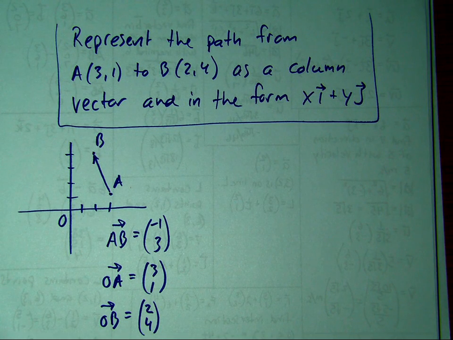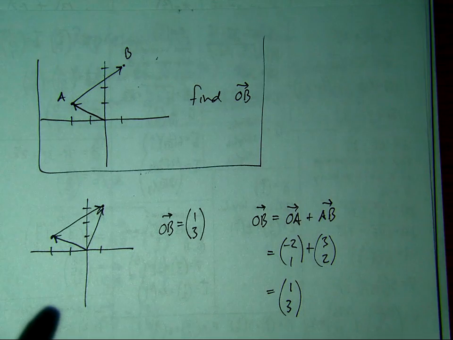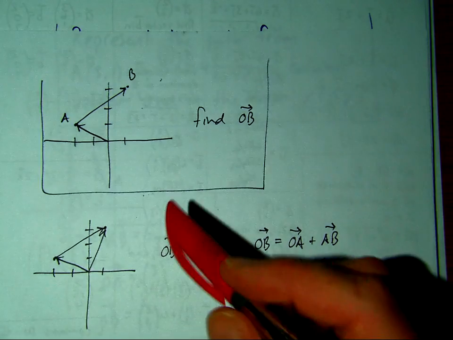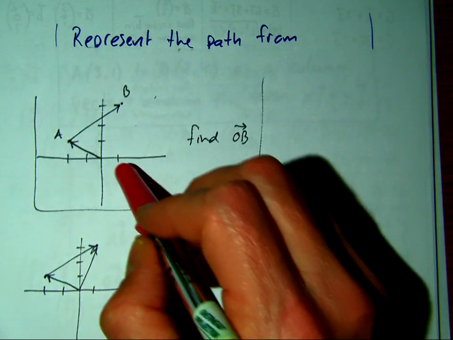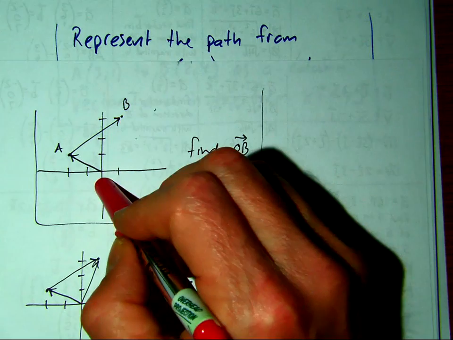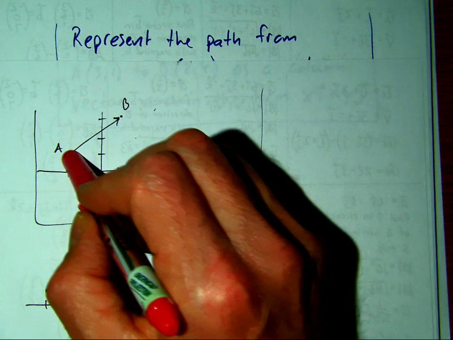And now we're going to use the same concept that we just used here to get from a point from O to B. We could just go straight, or we can add the vectors along the way that get us there.